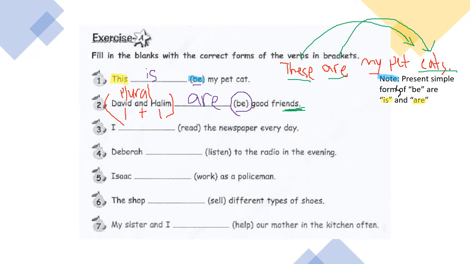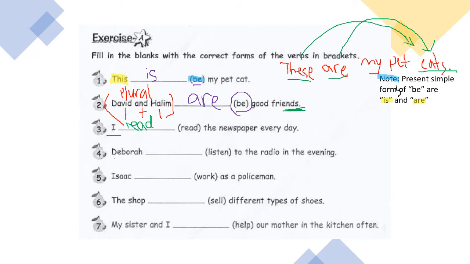Alright, let's move on. The next one: I read the newspaper every day. Now, "I" is a special case. Even though it's one person, we do not use the singular form. You just write the same form: I read the newspaper every day. Next, Deborah listen, in brackets, to the radio in the evening.